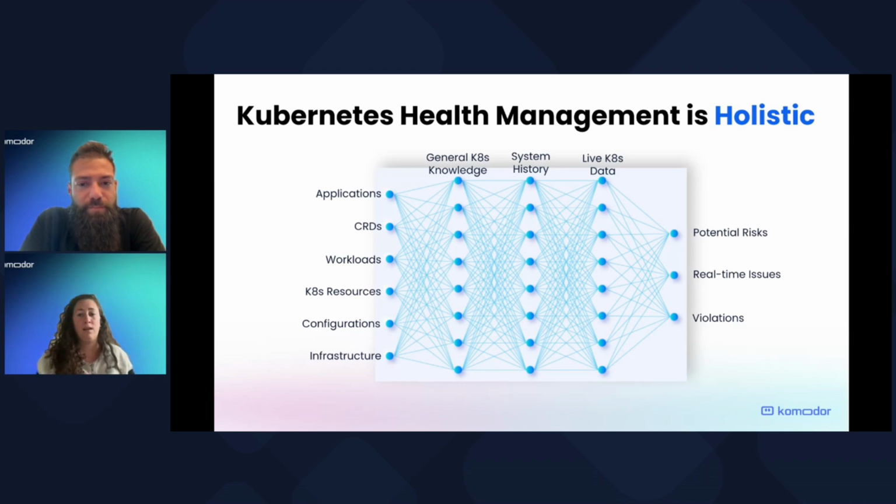So if you take a look at this matrix, for example, that we have here, and see how many data points you have to correlate to gain any meaningful insights, and now think that you need to multiply that by the number of clusters that you're running, this is insane. Within each one of those entities, you have tons of inner resources.